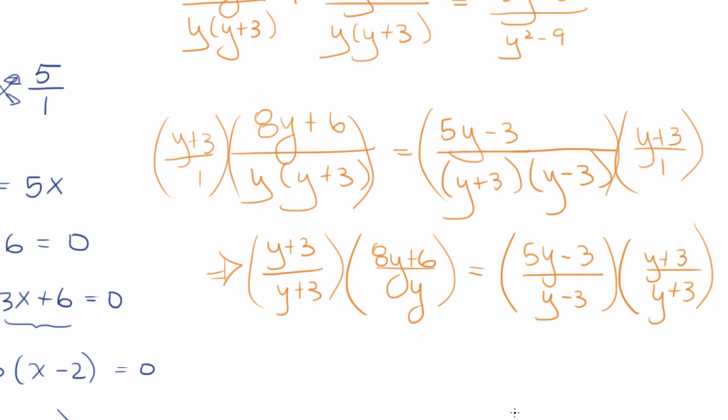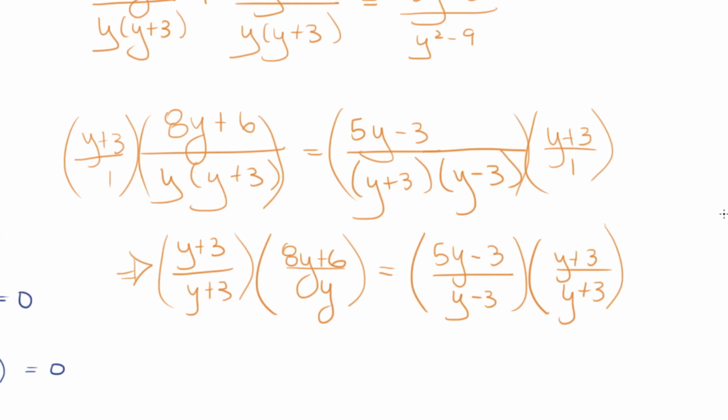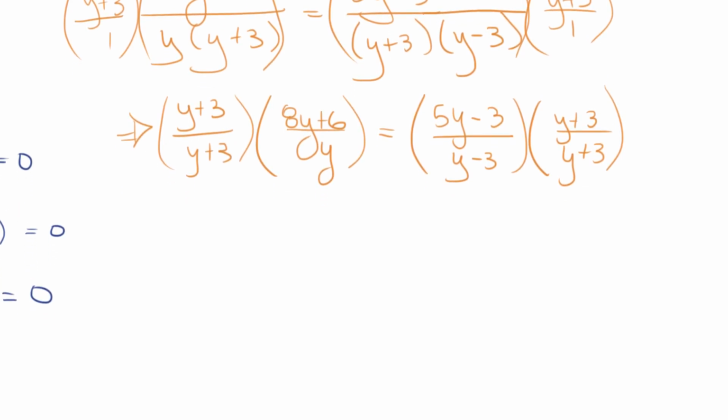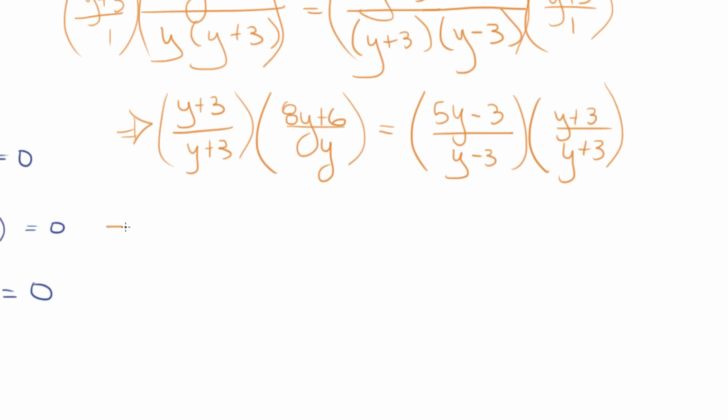Now, if you got a little confused or lost, please pause it, rewind it, watch it again, so you can have a clear sense of what's going on. Now, y plus 3 over y plus 3 is 1, so you are left with 8y plus 6 over y. And on the right side, you have 5y minus 3 over y minus 3.